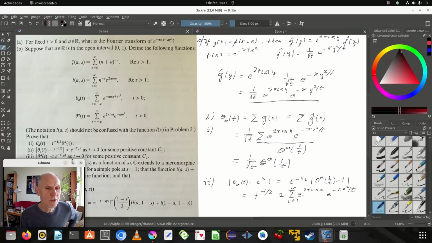Here we have to do the same but with the other function. But it's that function alone. And it's as t tends to naught.